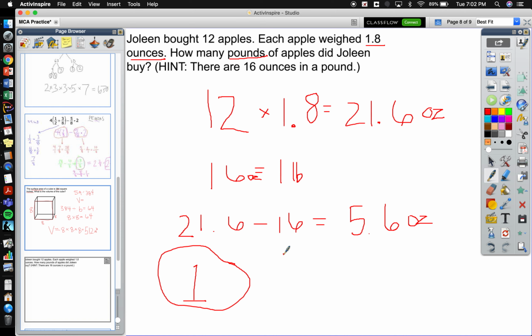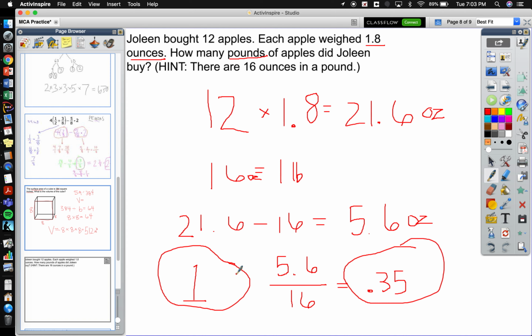We're going to talk about decimals in the next unit, but the way to do this is to make it a fraction. 5.6 ounces out of 16 will give us the decimal. Remember, fractions are just like dividing. That will give us 0.35 pounds. So if we put that together, we have 1 pound and then 0.35 pounds more. So the answer is 1.35 pounds, or LB. It's okay if you don't understand that yet. We're going to go over it in the next unit.